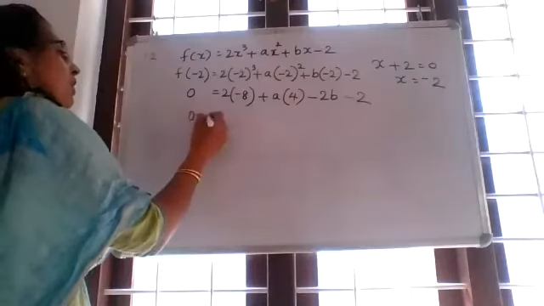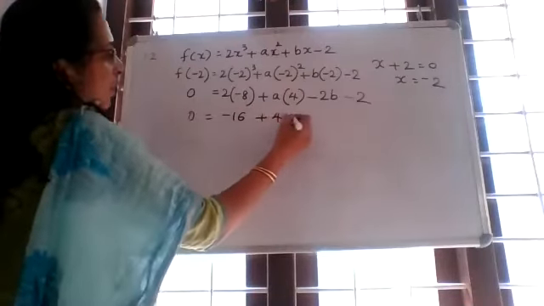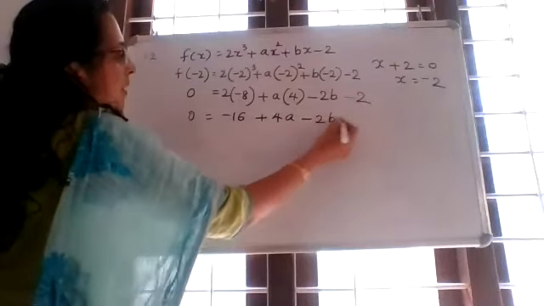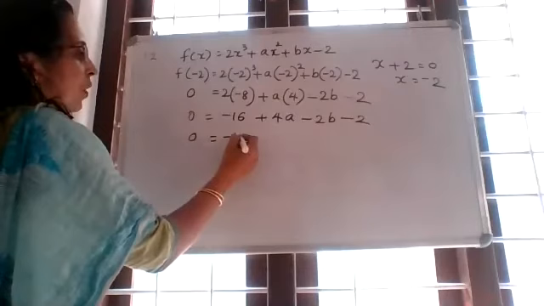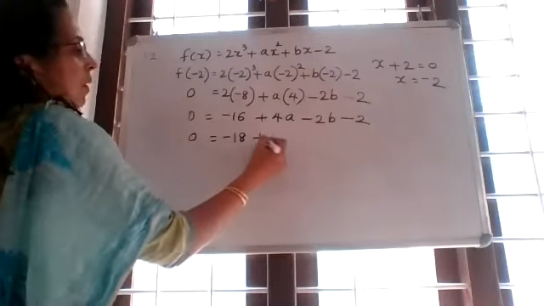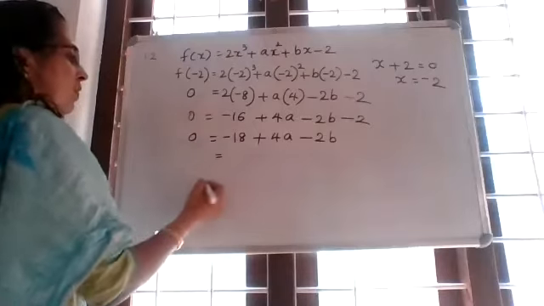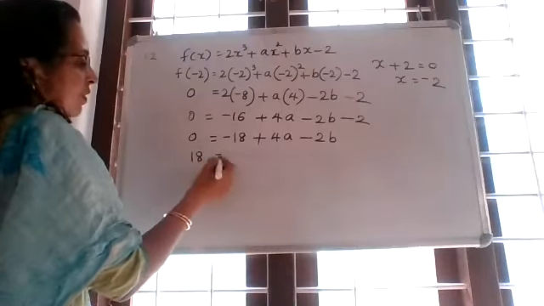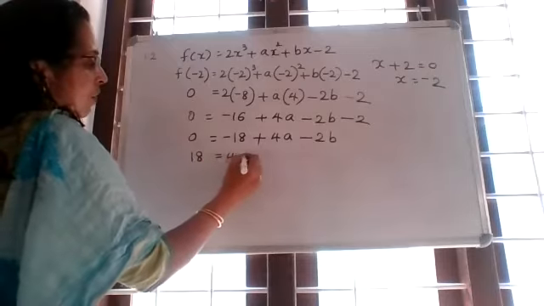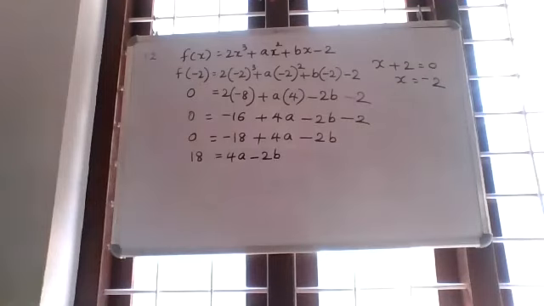So 0 is equal to negative 16 plus 4a minus 2b minus 2. Don't look at the board, do your own. We can take this to the left side. So it will be positive 18, 4a minus 2b.